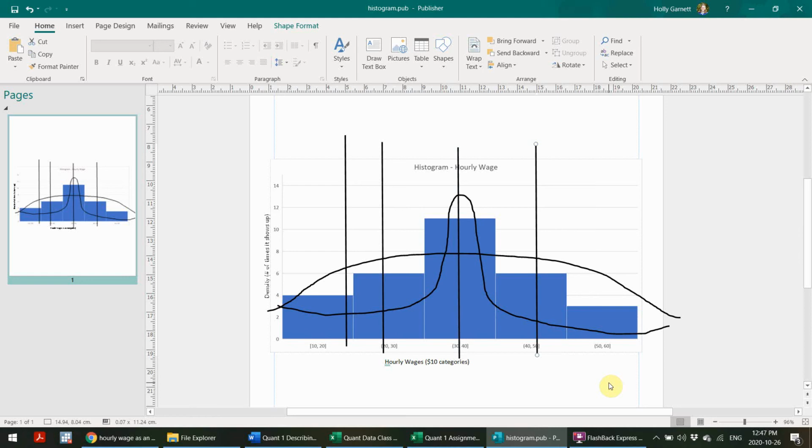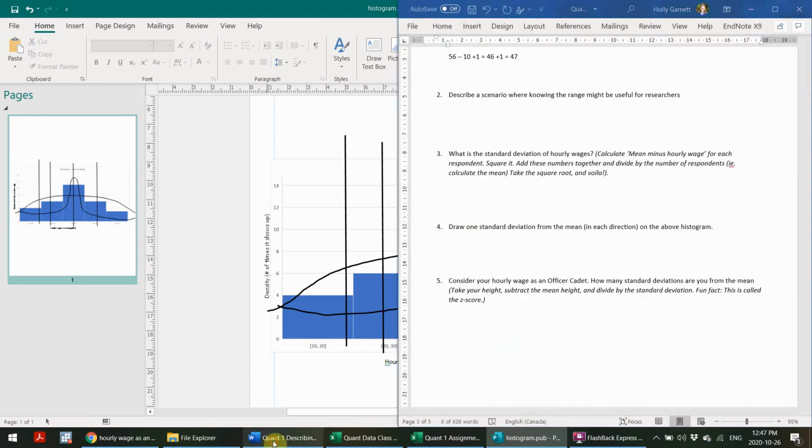So that's 35 divided by 11, about 3 standard deviations from the mean. So you're way up in the high part of the data. It gives you a sense of where each observation is relative to the other observations and relative to the mean. And that's useful because unlike the mean, which gives you just one number and doesn't tell you much about the spread of the data, knowing the standard deviation can help you know more about the spread.